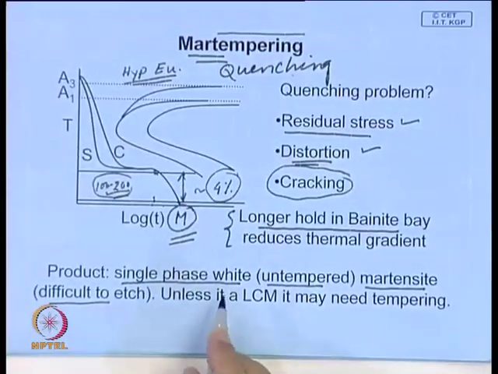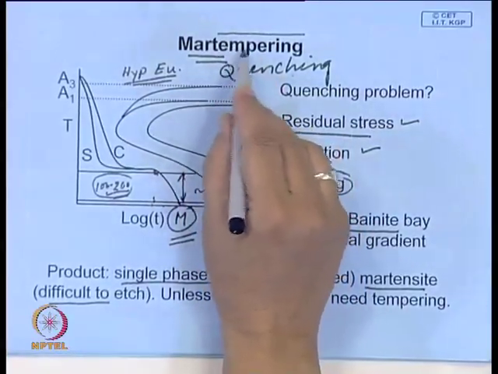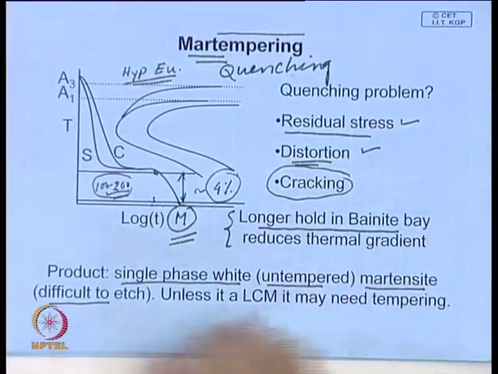But after that, you combine the treatment with a tempering. It looks like if you do not have residual stress you do not need to temper, which is not always true. Maybe if it is a low carbon steel, you may forego that, tempering may not be necessary, but if the carbon content is high, there is a possibility that there will be some retained austenite left in the material, and so the structure will be dimensionally unstable.